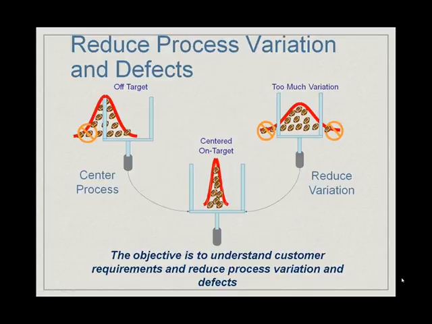So if we look at things from a statistical perspective, there's only two ways to improve anything. We can either reduce variation or we can move a process towards center.